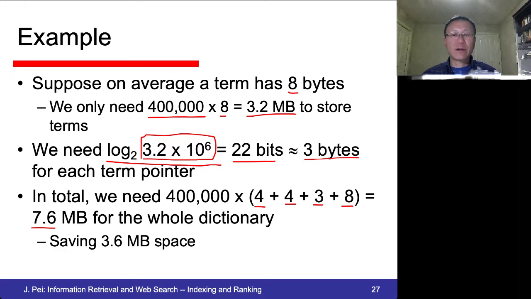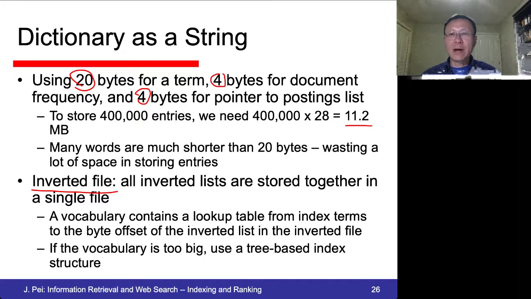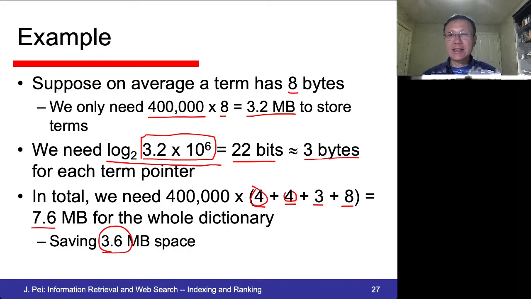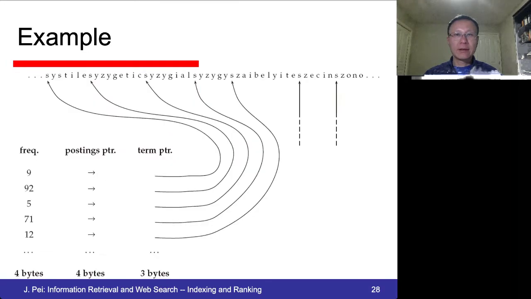Here, we save 3.6 megabytes of space. If you don't remember why we need the 4 and 4, just remember we need 4 bytes for document frequency and 4 bytes for the pointer to posting lists. And the 8 bytes refers to the average term length. So this is one example.